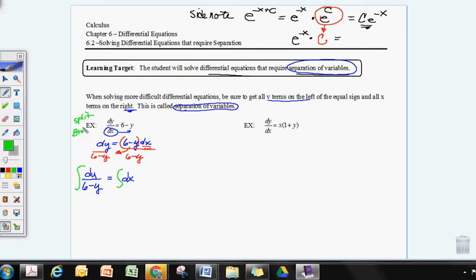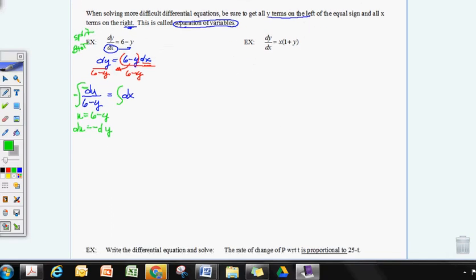Can I do that? No. So now I'm thinking of, oh, my u value is going to be 6 minus y. So my du value is going to be a negative dy. And I look and I'm missing my negative sign here. So I add my negative sign on the outside.